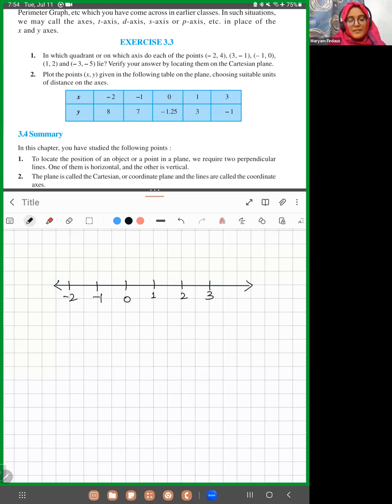Now if I ask you to plot 1.5, where will 1.5 be? Can you tell me? Abdul Rahman, where will 1.5 be?